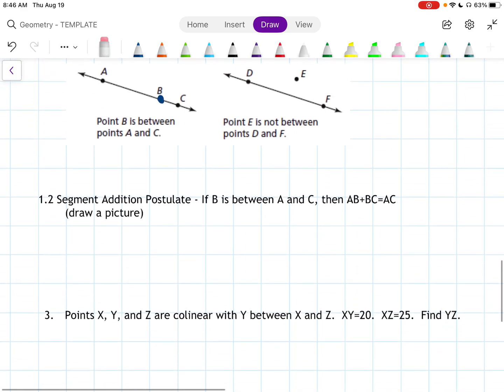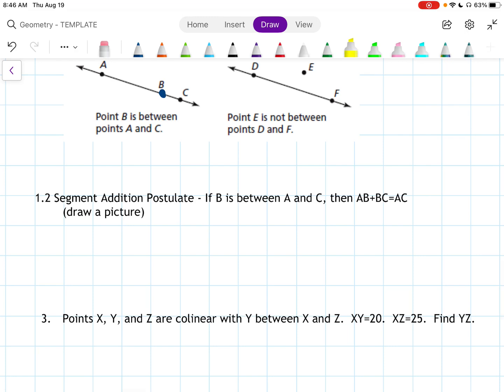All right. 1.2, the segment addition postulate. If B is between A and C, then AB plus BC equals AC. Now what this is talking about is we've got a line. We have A, B, and C, right?